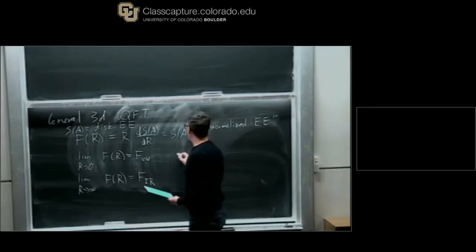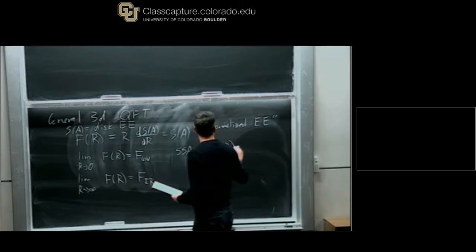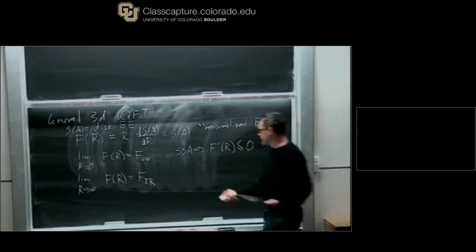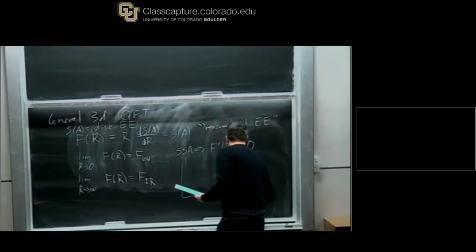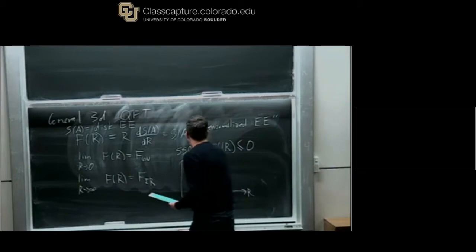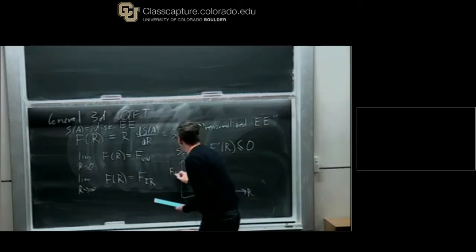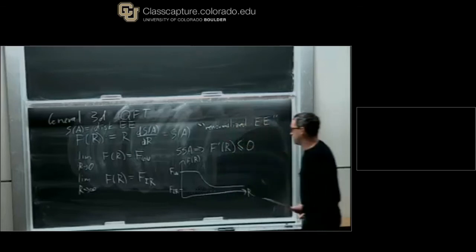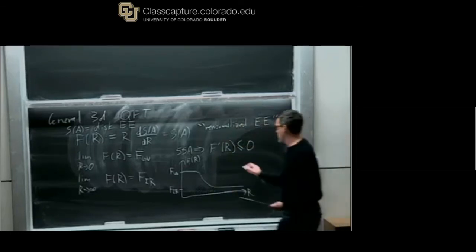And then you have the proof by Casini and Huerta that strong subadditivity implies that F prime of R is indeed non-positive. And so you have the same picture of a function which decreases from the UV to the IR.